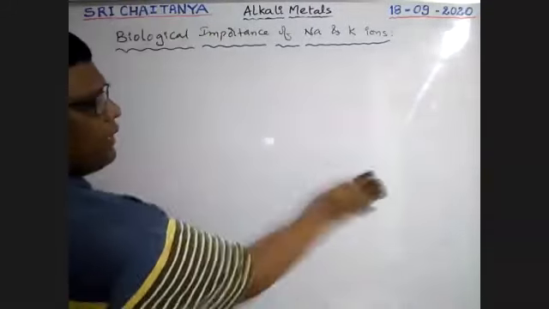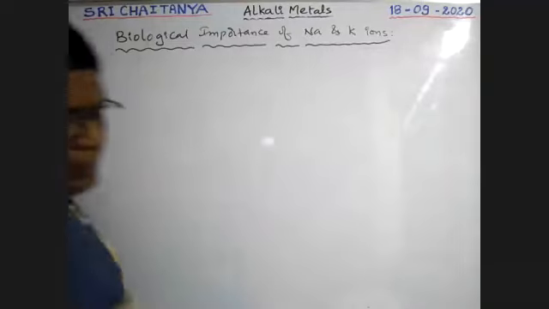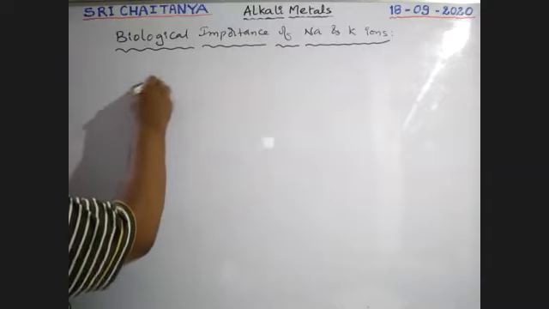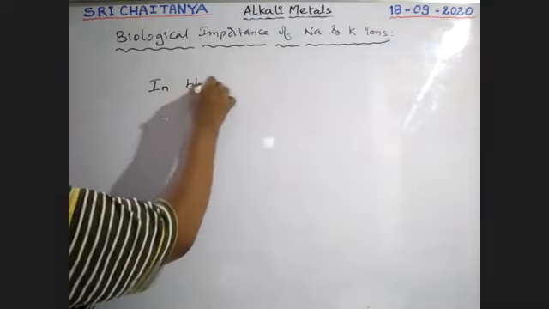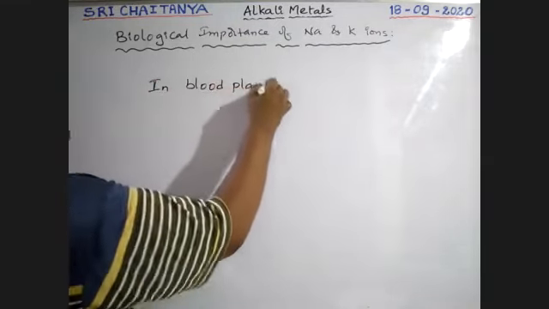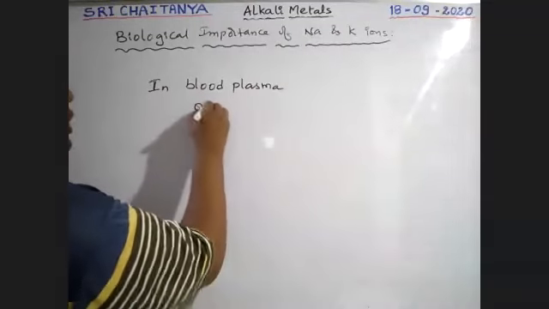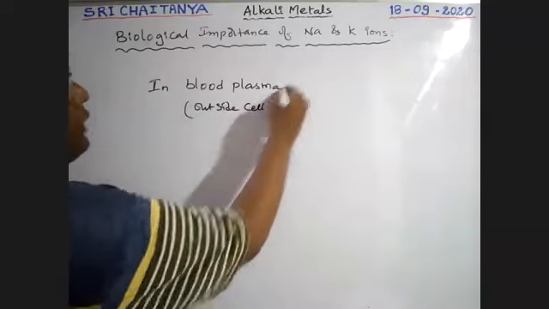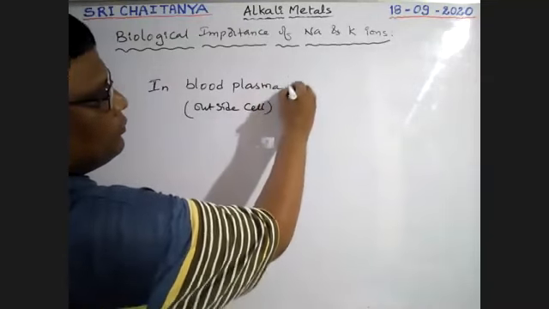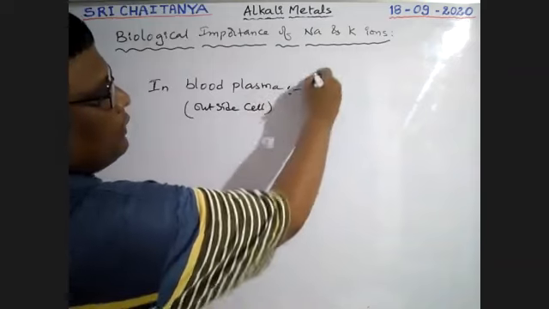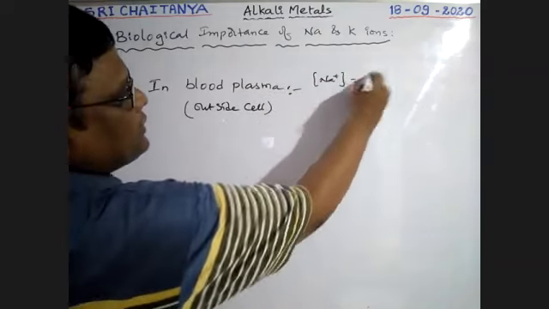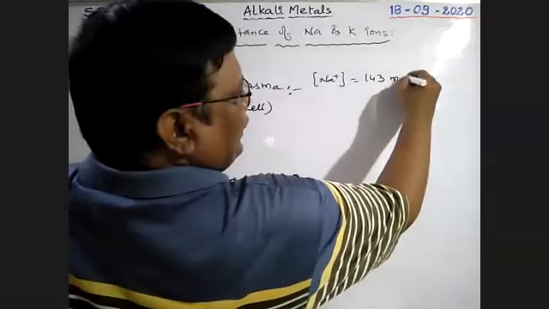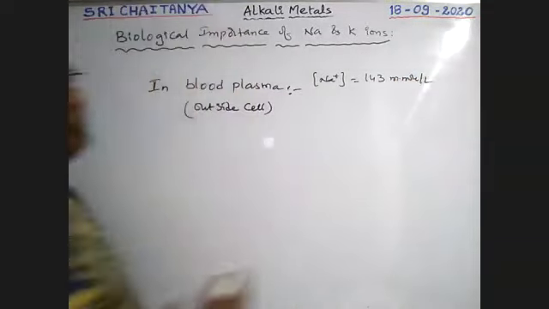Particularly in a human being, in blood plasma, that is outside the cell, the concentration of Na+ ions is equal to 143 millimole per liter.